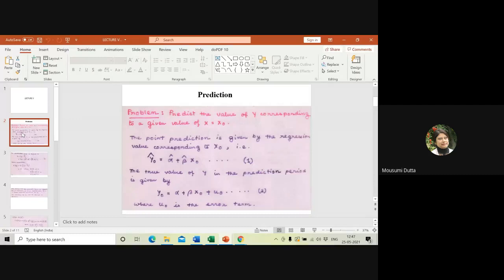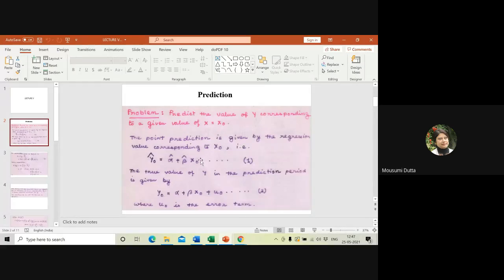So all these things are happening around us at this moment. Prediction is just that: predict the value of Y corresponding to a given value of X equal to X naught. X is not varying here.